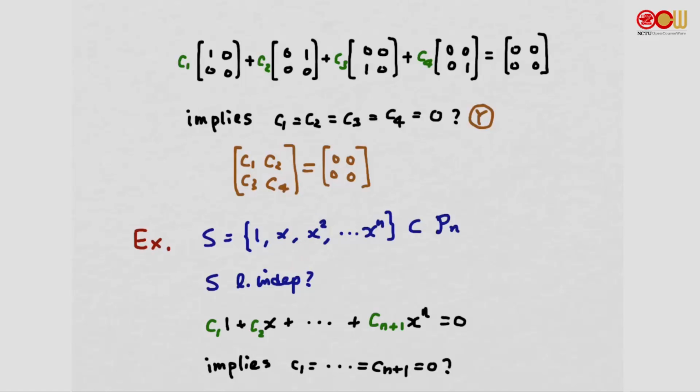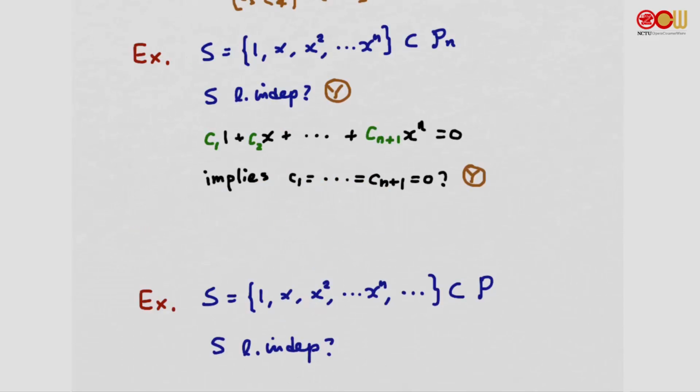We set it to 0, and we examine whether such an equation would imply all the c coefficients are equal to 0. On the right-hand side it's the 0 vector in Pn. So indeed, all the c coefficients are equal to 0 and S is linearly independent.